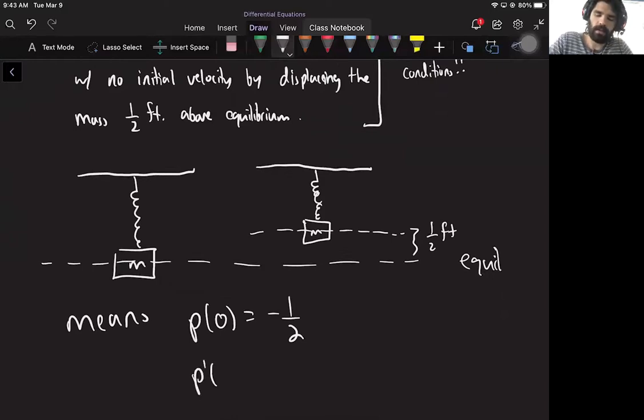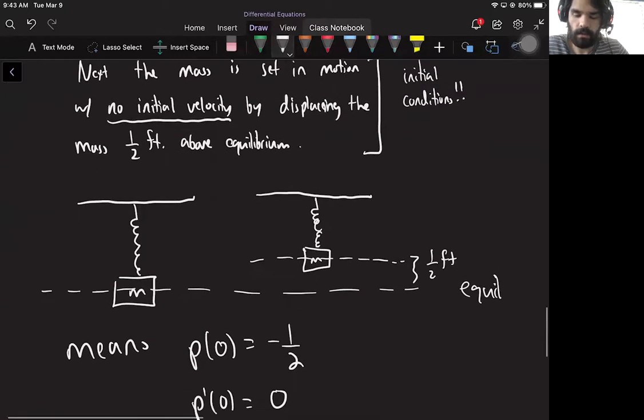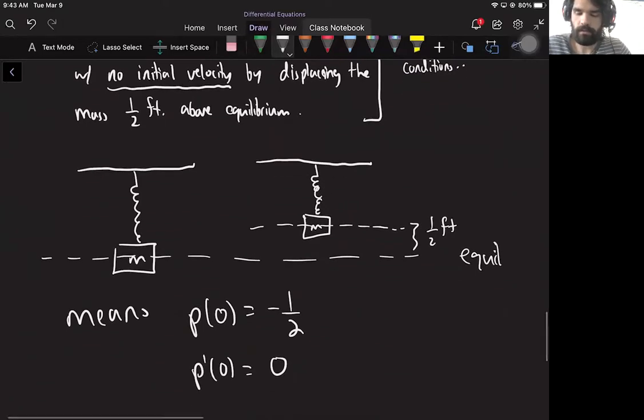And the initial velocity, because there's no initial velocity, is just going to be 0. That sentence is here. So this sentence corresponds to initial conditions. With all our new techniques, we haven't really done many initial value problems, but it works the same as it did before: you solve the differential equation, and then you apply this stuff.